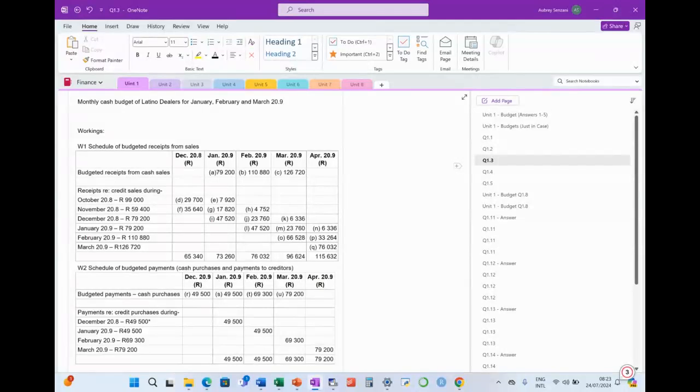Okay, so we know dividends is only getting paid in February. Okay. Then the following balances appear in the books of Latino dealers on 31 December 2008. Why is this of relevance? Are we using any of these amounts here? Yeah, there would be the opening balance.